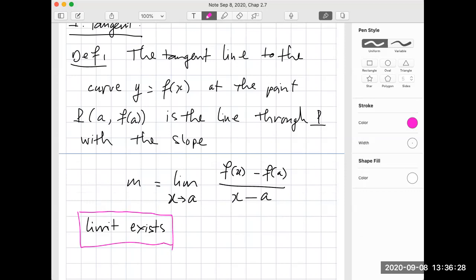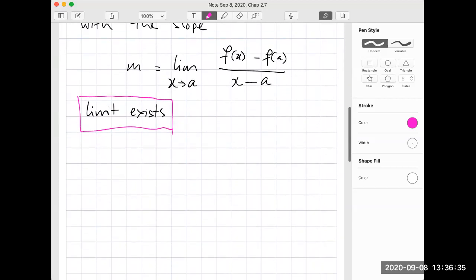Okay? This is just a definition. Let us go to an example and see how it looks.